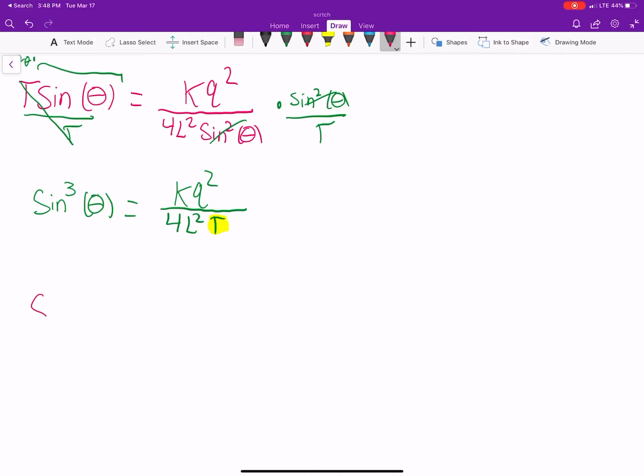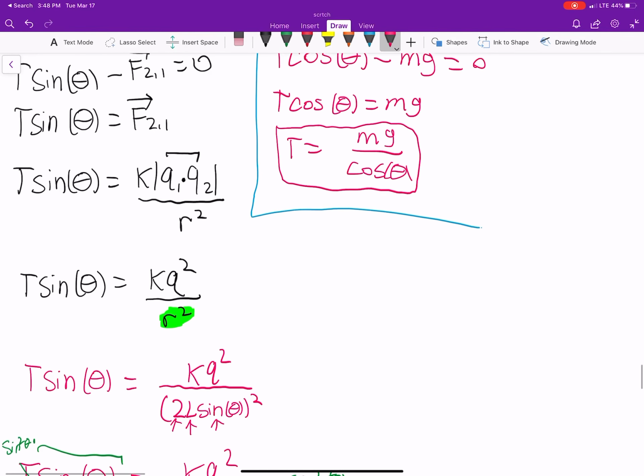So let's continue. Let's substitute that in. Sine cubed of theta equals k q squared divided by 4L squared, and tension is mg divided by cosine of theta.